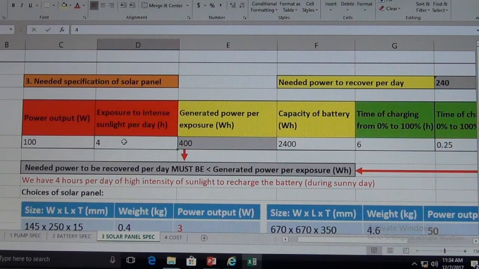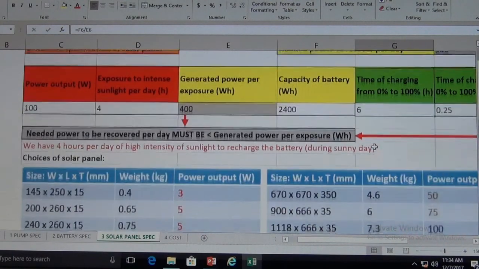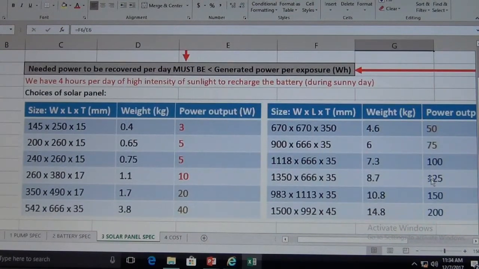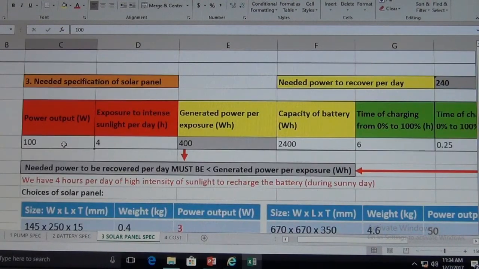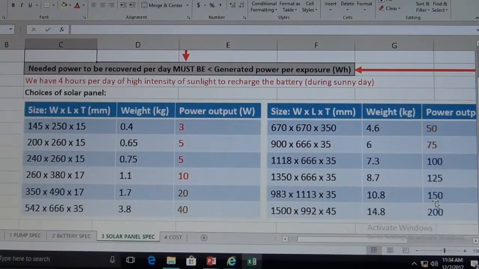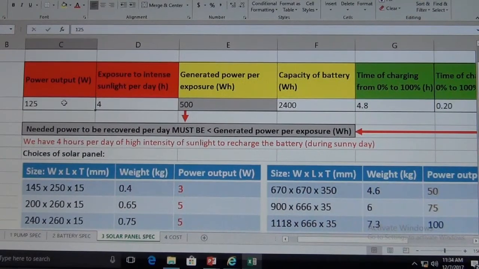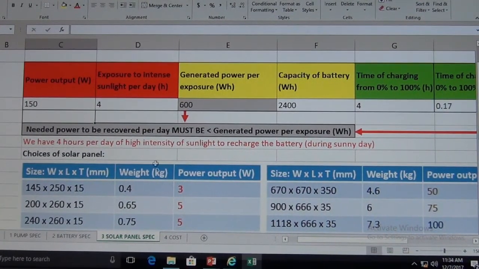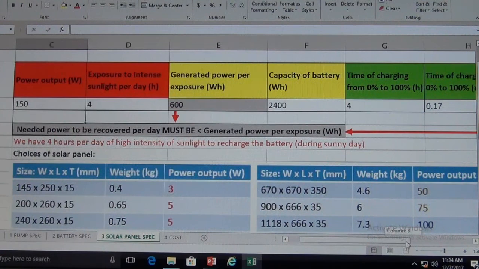We only have 4 hours, but we need to charge. If you use this spec, the charging time is 6 hours. Increase the spec. How about 125? 4.8 hours, even better. How about 150? 150 seems good.